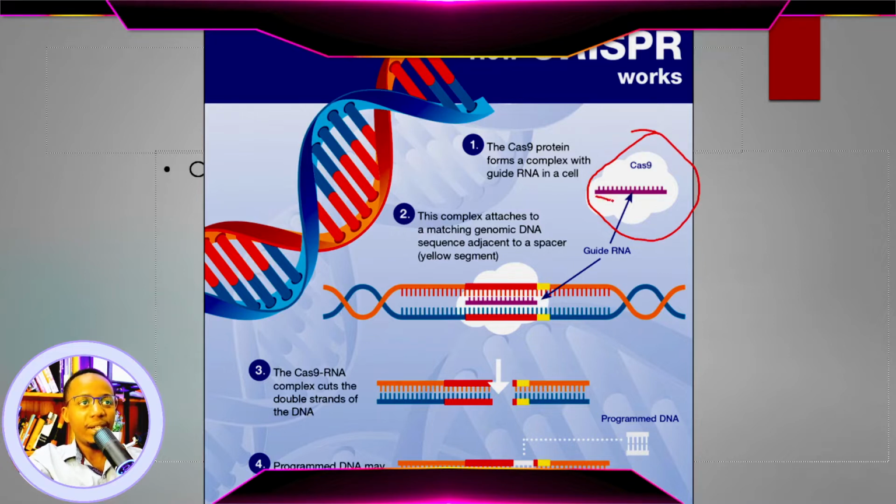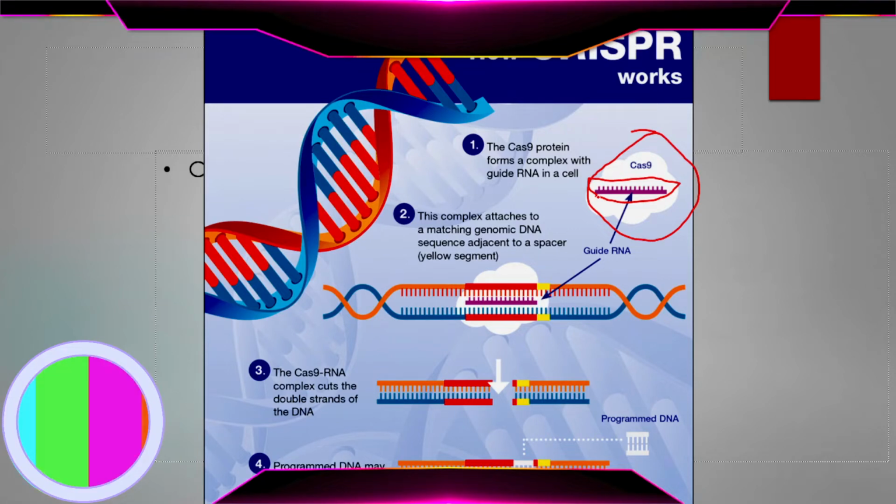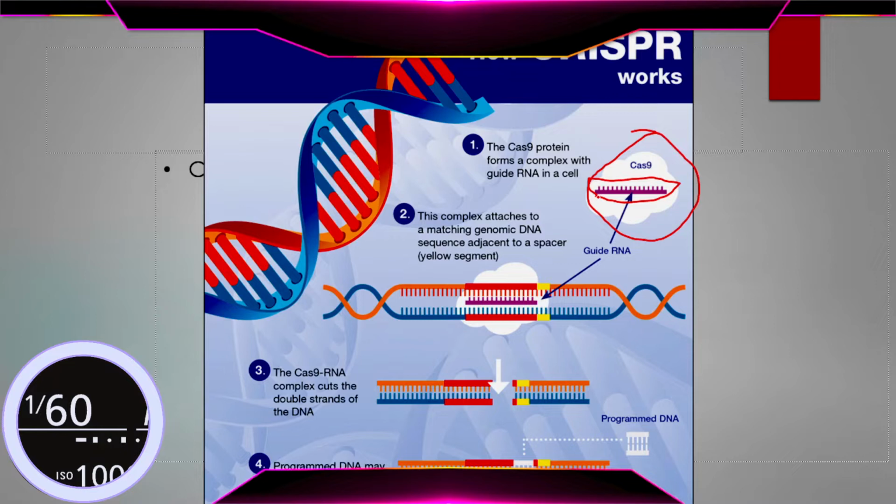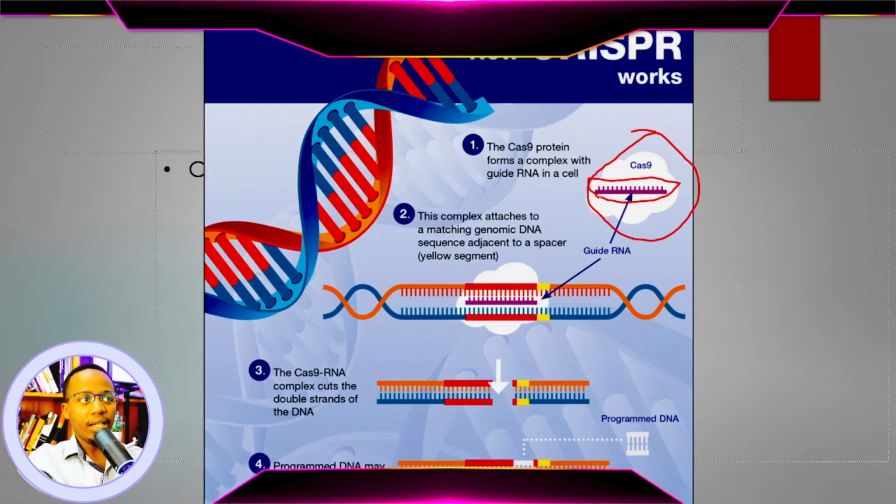And this guide RNA is the key, right? The guide RNA is the one that you change to your sequence, right? This is the RNA that's going to guide you to your particular sequence. And this one, by the way, is what we call sgRNA.